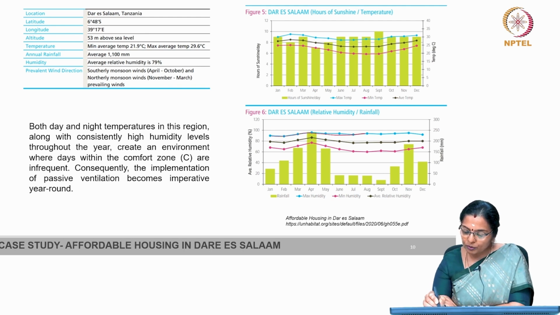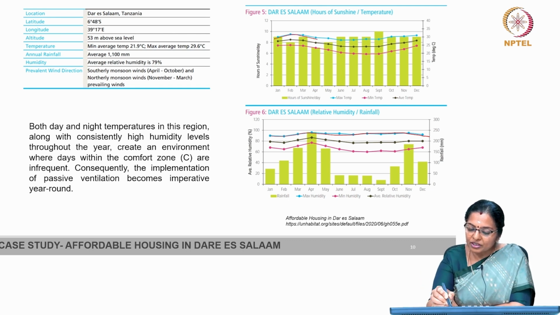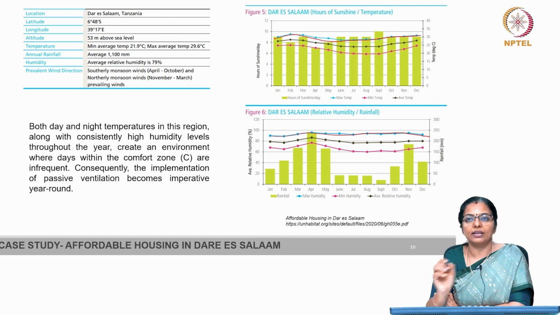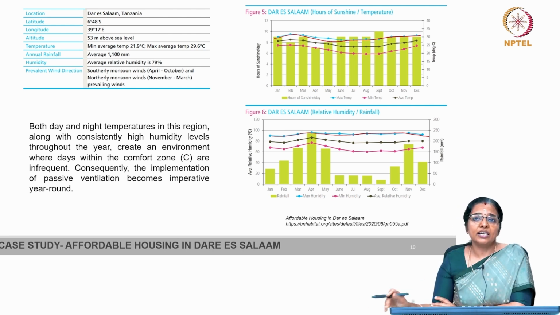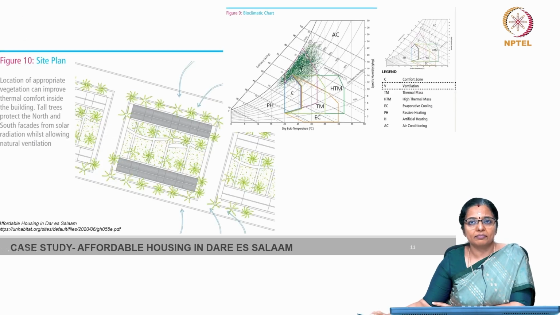So, the maximum humidity is also high throughout the year, whereas its maximum temperature is also high throughout the year. So, consistently this place has high temperature and it's very humid, leading to a very sticky feeling.